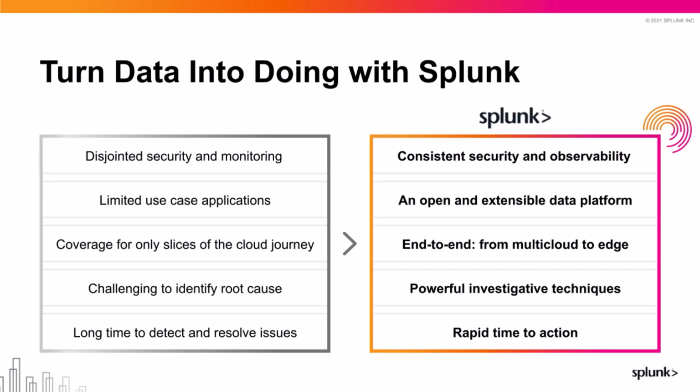That's why we provide an open, extensible data platform that supports shared data so that all teams can get end-to-end visibility, with context for every interaction and business process. You can have consistent security and observability from on-prem to multi-cloud to edge on one platform. The result is that you can rapidly isolate the signal from the noise and take action fast.